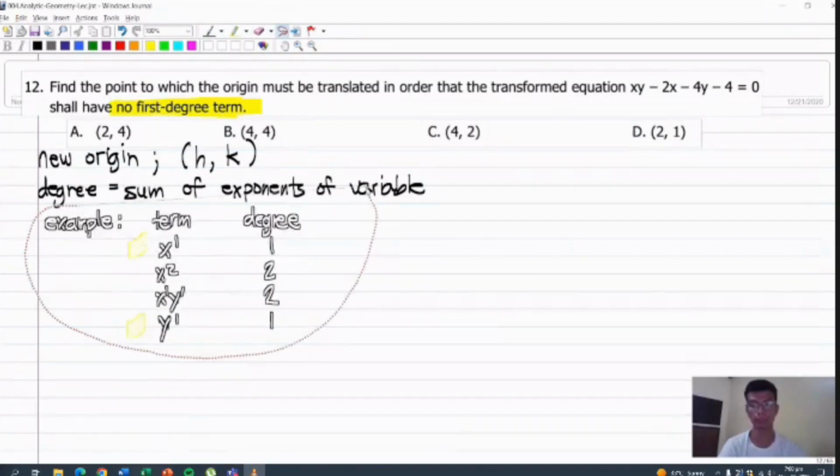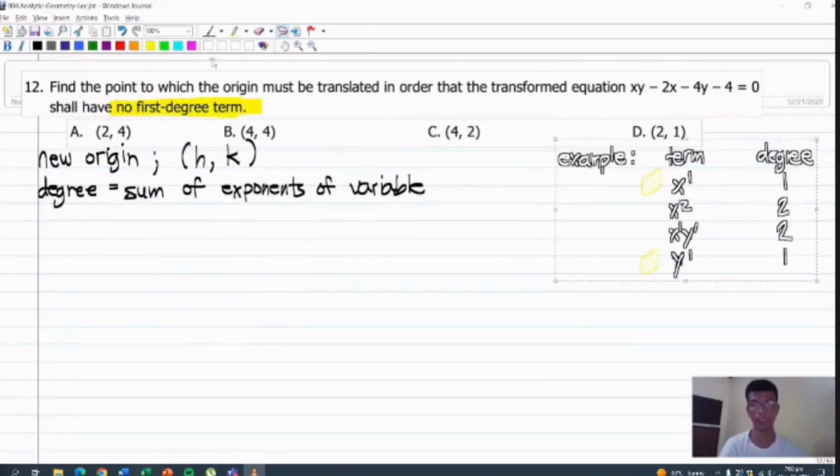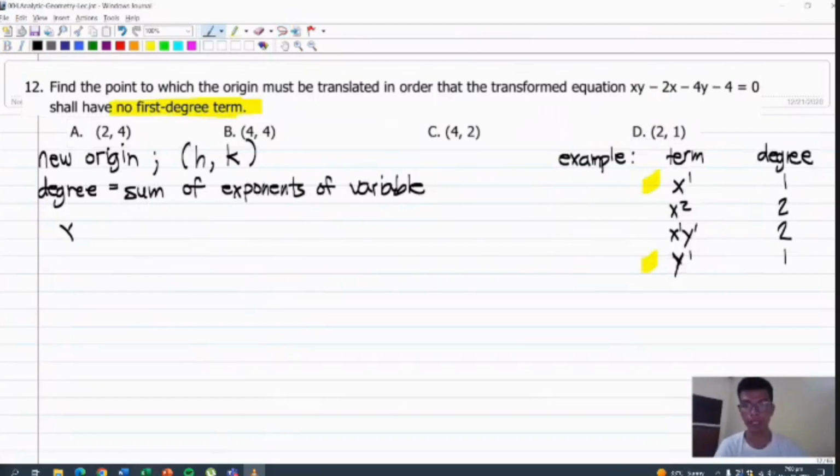Let's look at it. Set that example aside. The given equation is xy minus 2x minus 4y minus 4 equals 0. Of course, this is the original equation. When we translate it to the new origin, we will also have a new x and y.